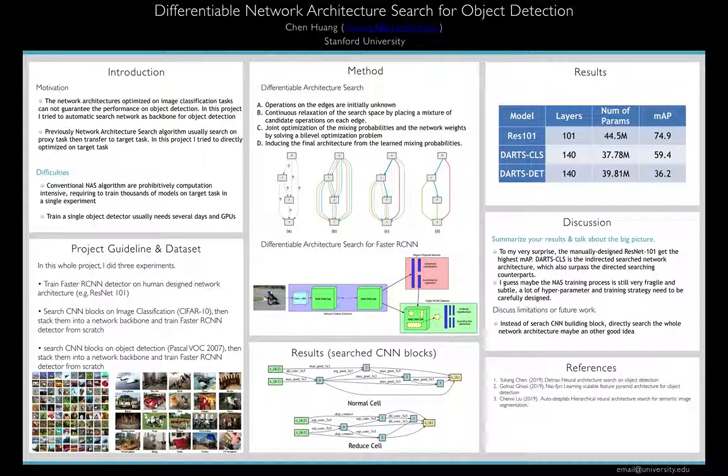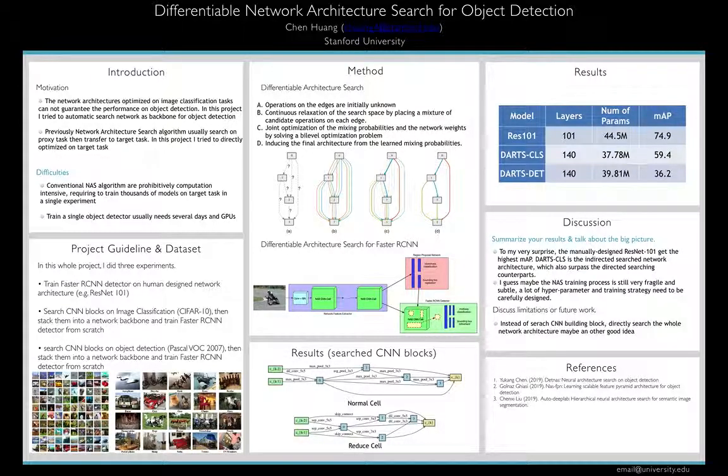In the whole project, I did three experiments. First is to train the Faster R-CNN detector using a human designed network architecture, like ResNet 101, as a baseline. The second is that I search the CNN block on the image classification task, then stack this searched CNN block into a network backbone, put the R-CNN on top, and train them as a whole from scratch.